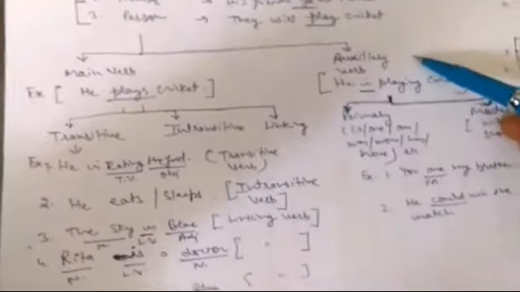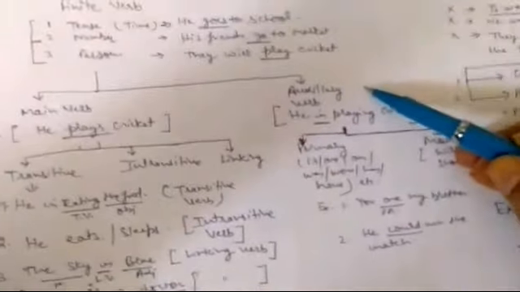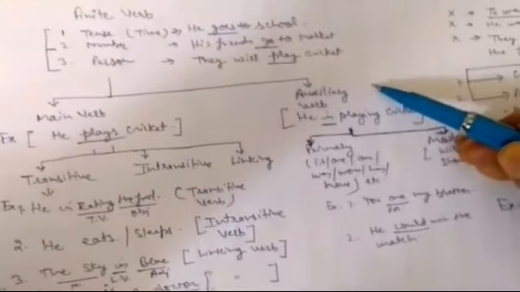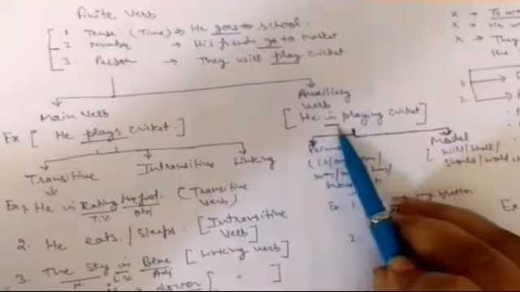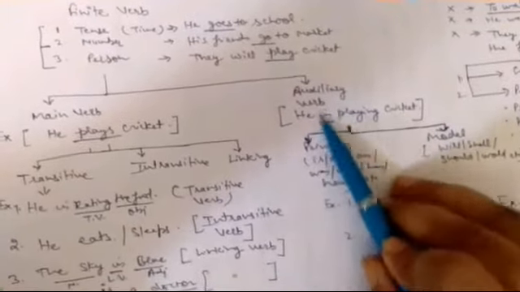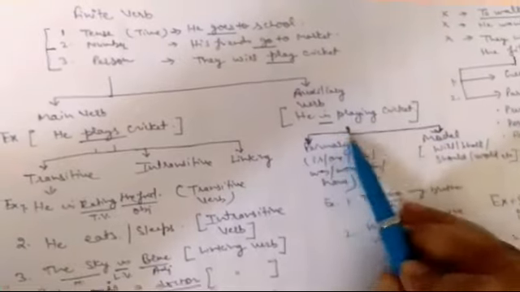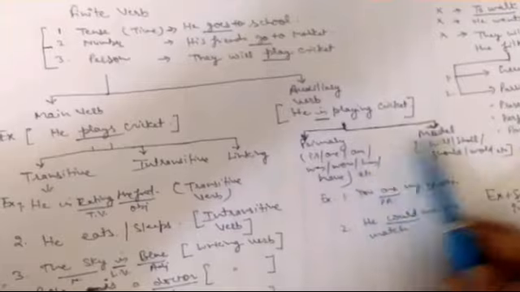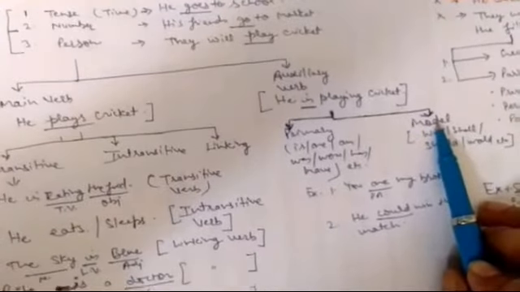Okay, now let me explain the auxiliary verb. One is main verb and the second is auxiliary verb. So for auxiliary verb, you can see here, he is playing cricket. So here is the auxiliary verb. Auxiliary verb is further divided in two parts: primary verb and modal auxiliary verb.